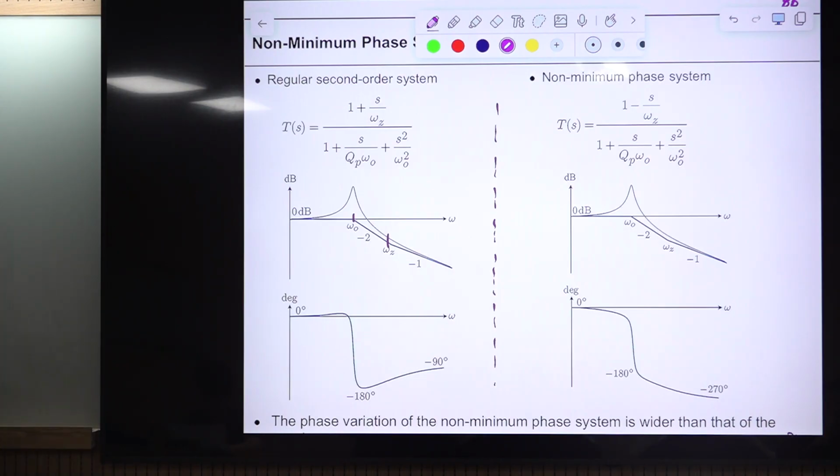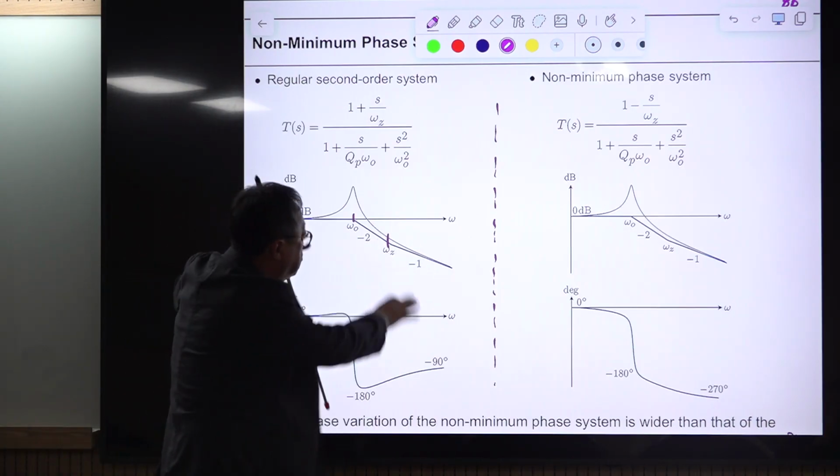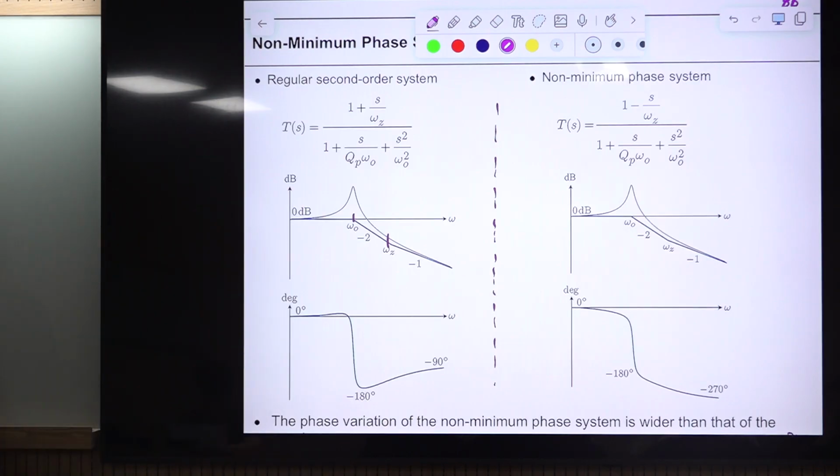If the corner frequencies are far from each other, then the phase of this is going to be minus 135 degrees, and the phase at the double pole frequency should be exactly, not 0. Oh, 0, right?